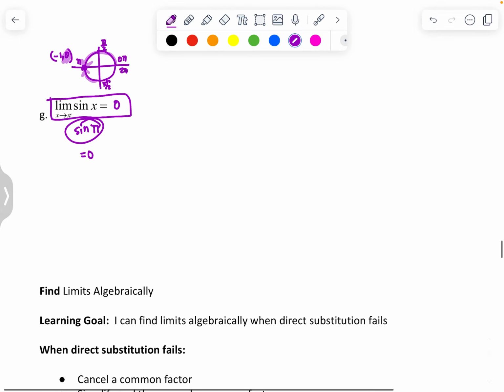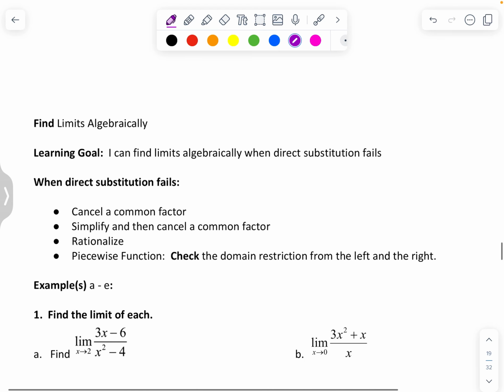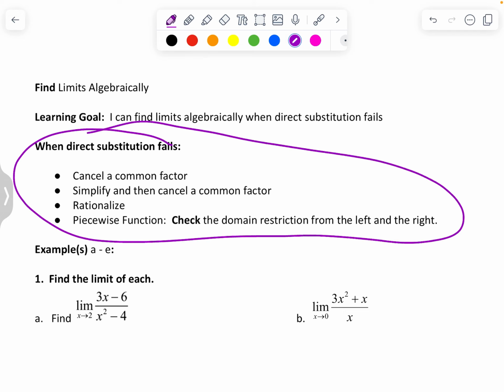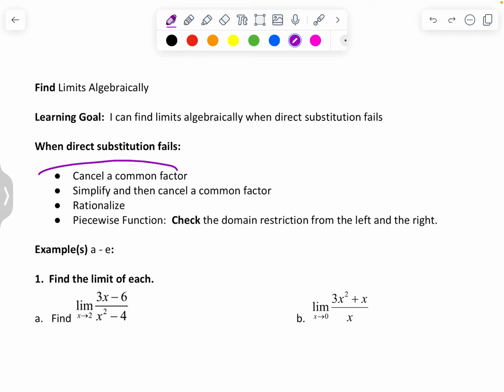Right. Now here is where it does get interesting. If direct substitution fails, you want to follow these steps. Can you cancel out a common factor? For instance, if you factor something in the numerator and denominator and they cancel out completely, then you would have a hole. A hole would then mean that there is a domain restriction and we have to consider the limits from both sides.